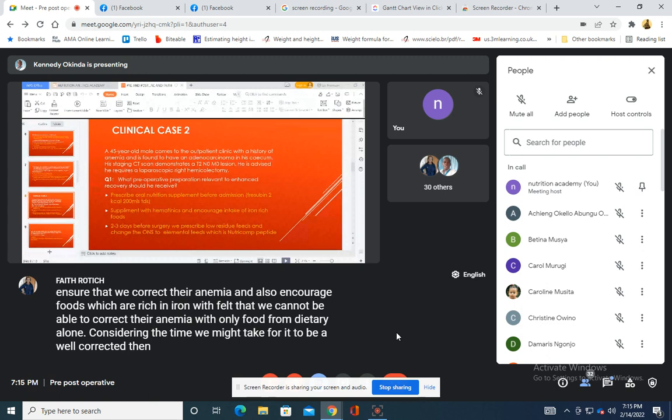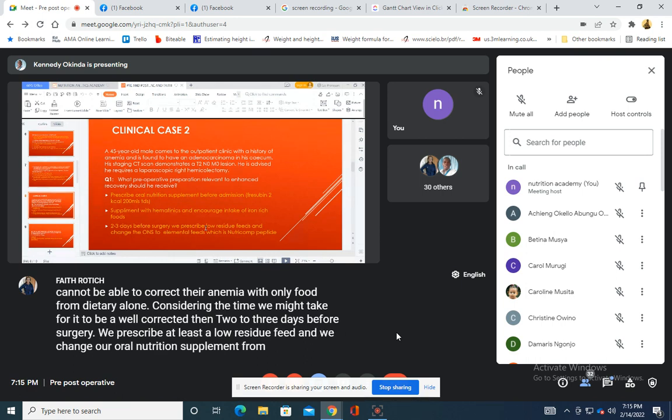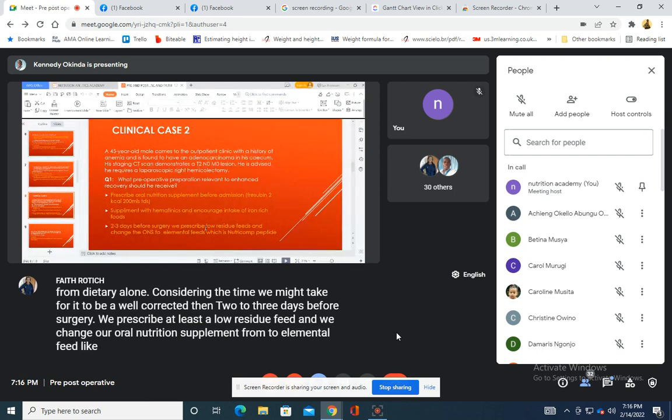Then 2 to 3 days before surgery, we prescribe a low residue feed, and we change our oral nutrition supplement to an elemental feed like Nutricompeptide, which is low in residue.